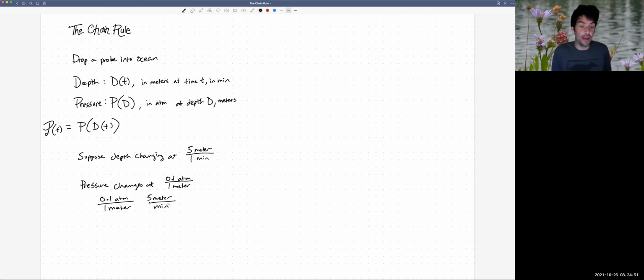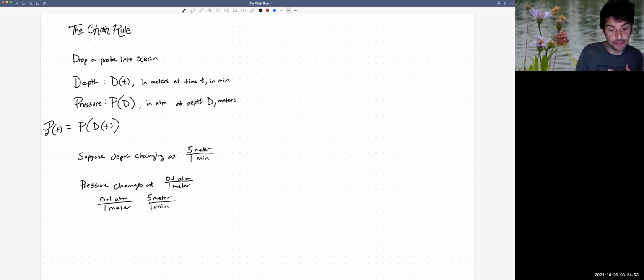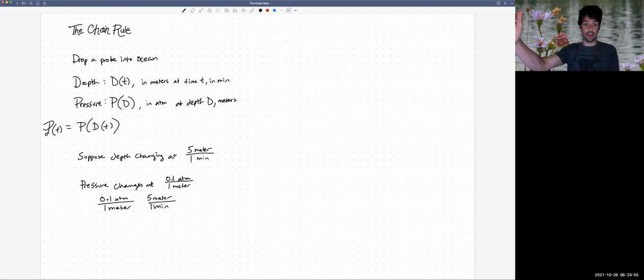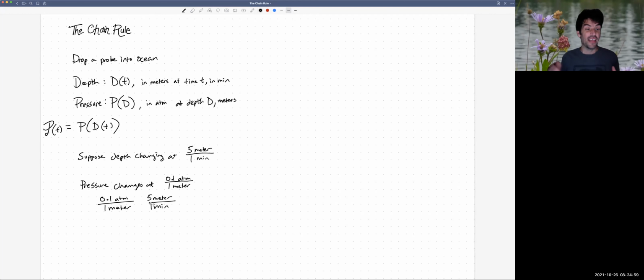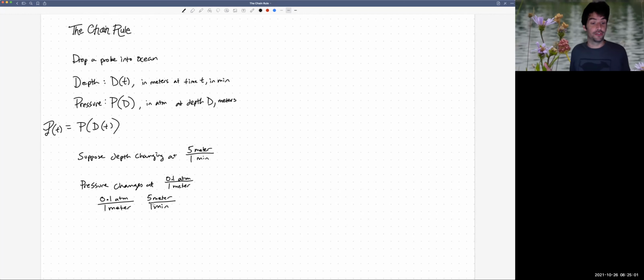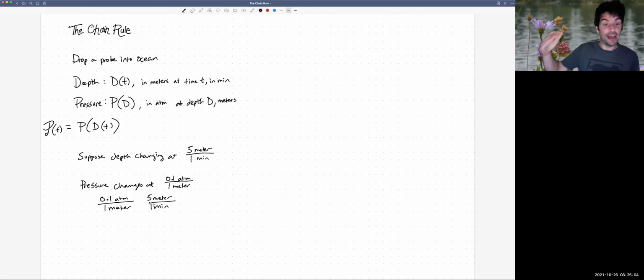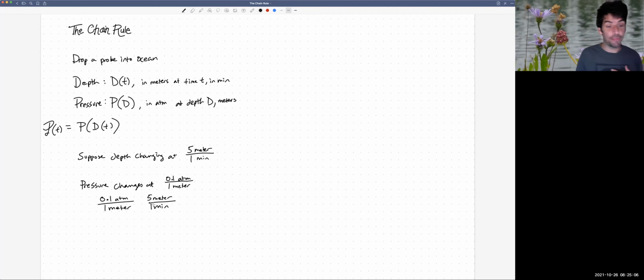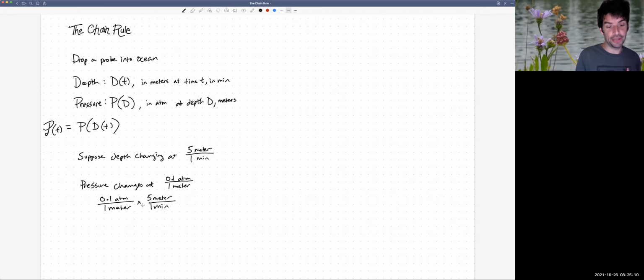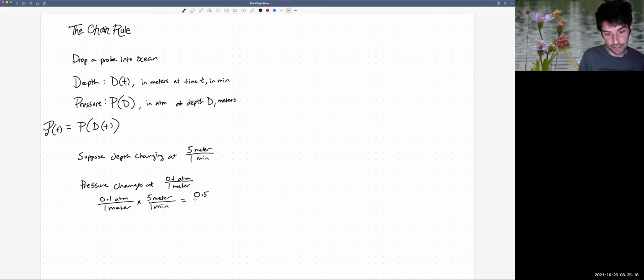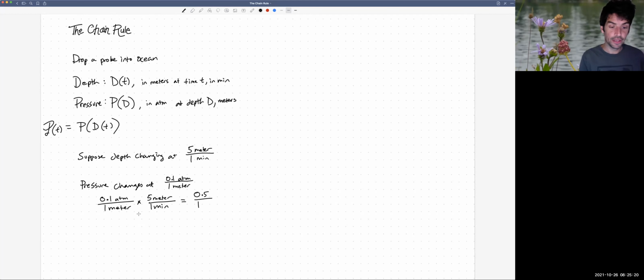Well, if we want to know how many atmospheres per minute, in each minute I'm getting 5 meters, and each of those meters is worth 1/10 of an atmosphere. That's 0.5 atmospheres. For every meter we get 1/10, we get 5 meters in the minute, so we get 0.5 of them. That's multiplication. All we did there was multiply these two numbers together, and we get, in this case, 0.5 over 1. Let's look at our units.